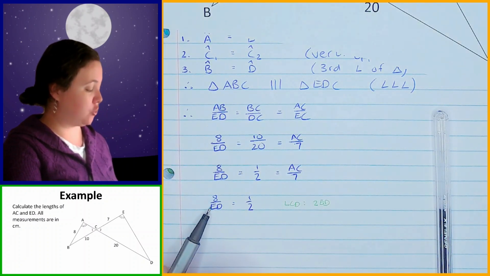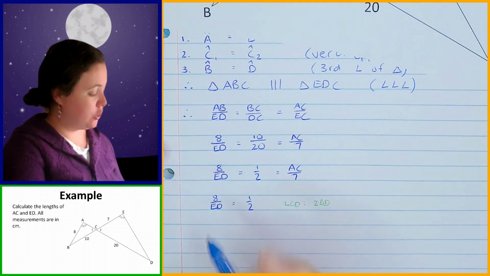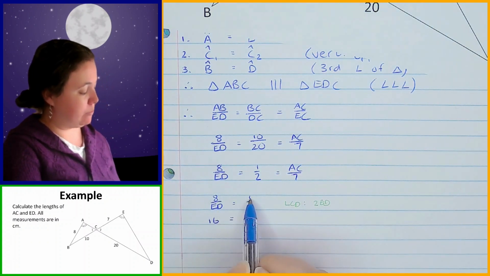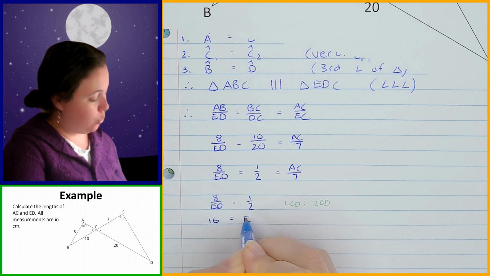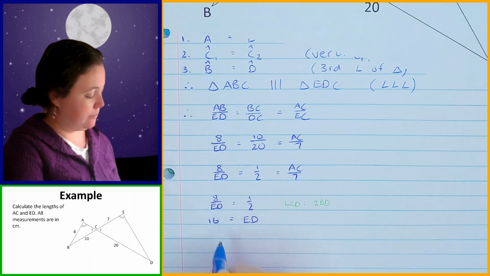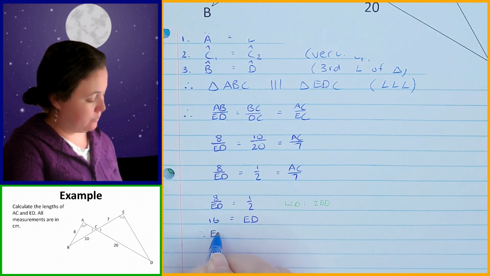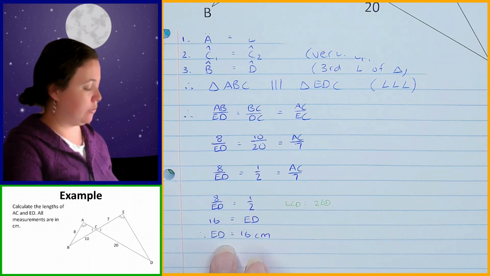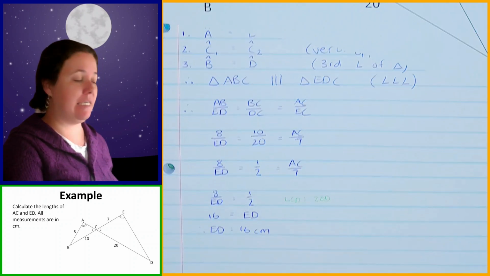Over here, I'm missing the 2, so I'm going to times by 2 at the top. So it's going to be 16 equals, and here I multiply by ED, so it's 1 ED. So now I know that ED is equal to 16. And that is centimeters because they told me that all the measurements are in centimeters. Okay, so now I've worked out what ED is.